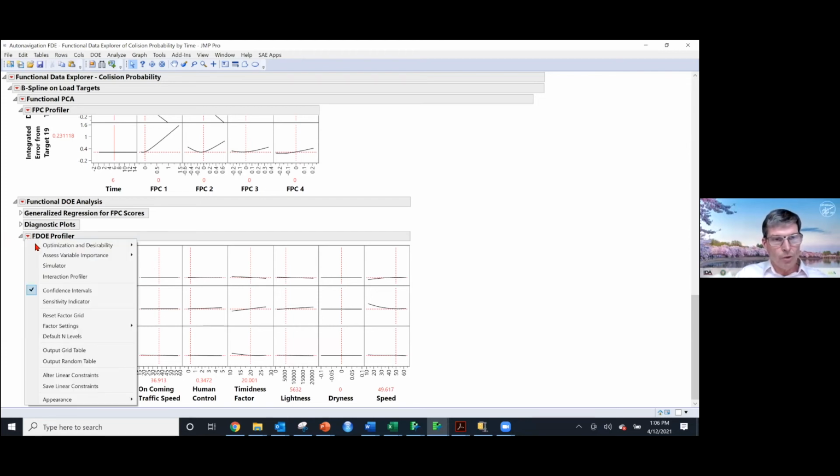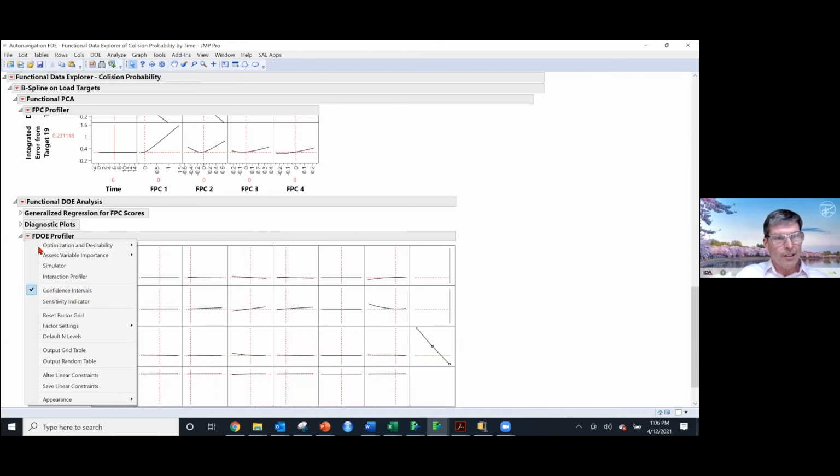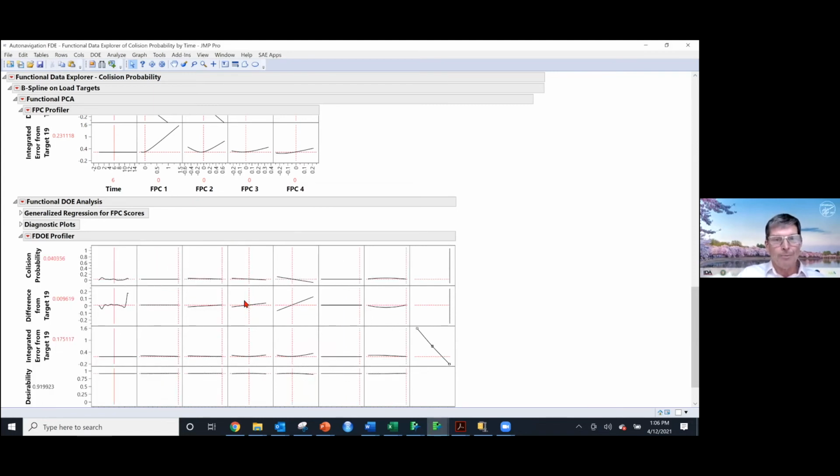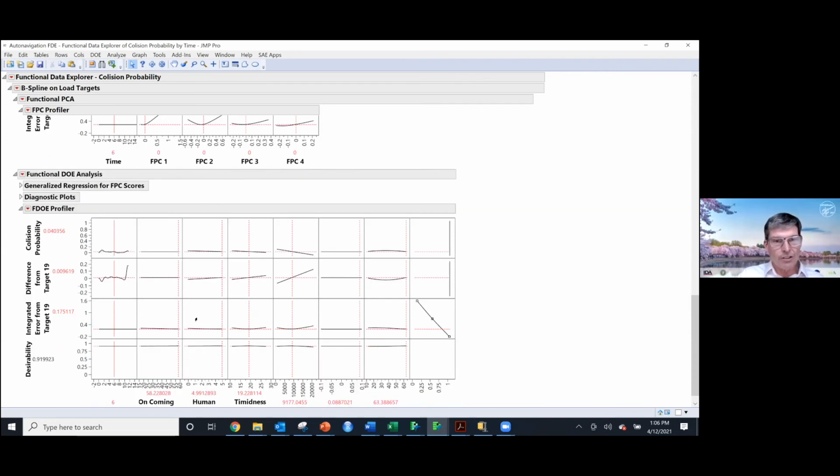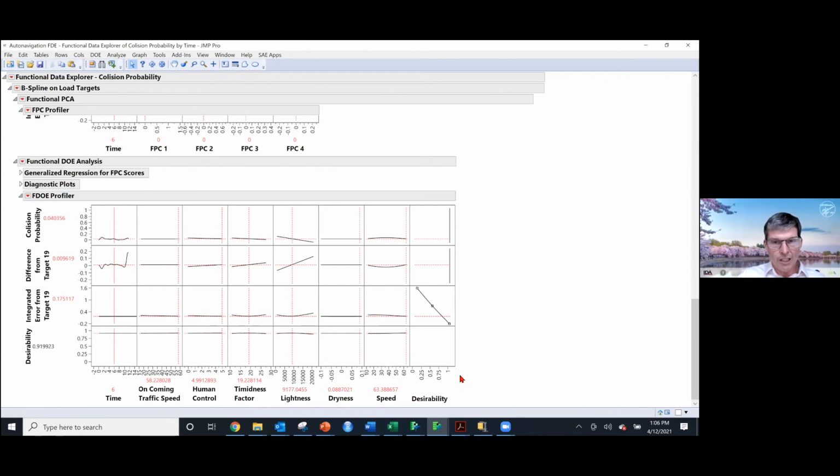So if we wanted to, we can put on our desirability functions, and then we can just go ahead and maximize the desirability, which will give us the optimal settings. If you want to minimize your error, here are the settings that are going to get you closest to your ideal curve.